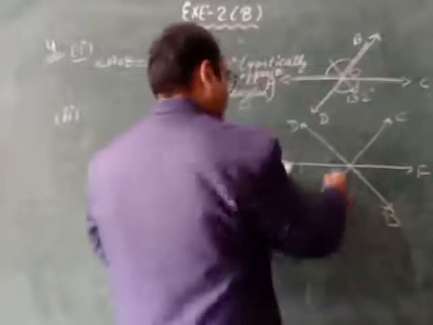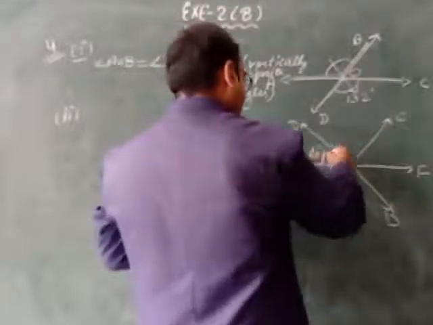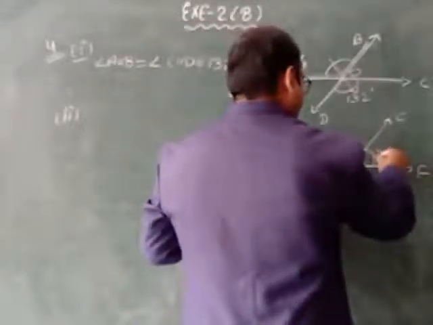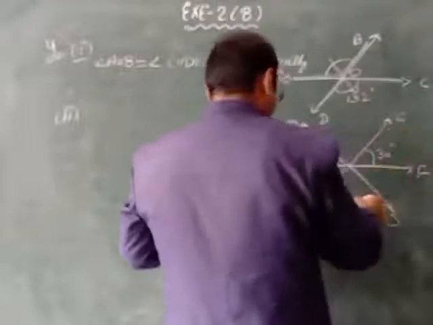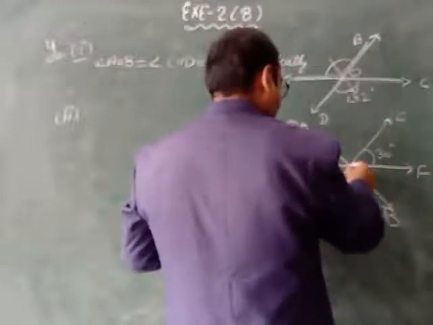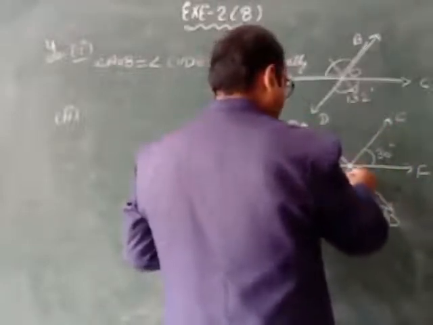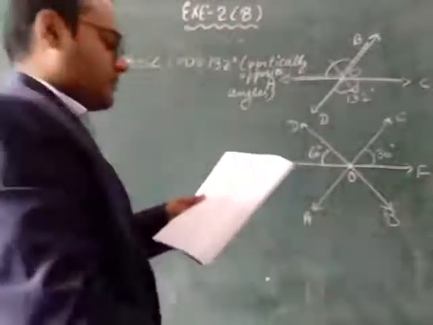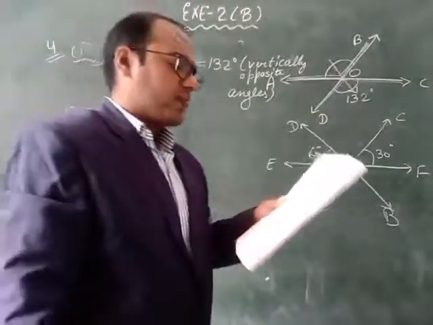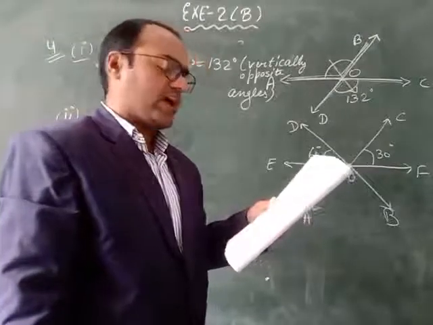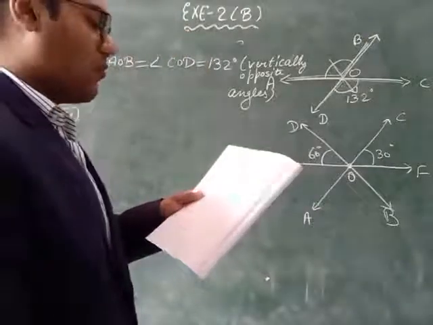Values are also given. Here it is 60 degree. Here it is 30 degree. Here it is O. This is the figure given in the question, and heading of the question is find the value of AOB.